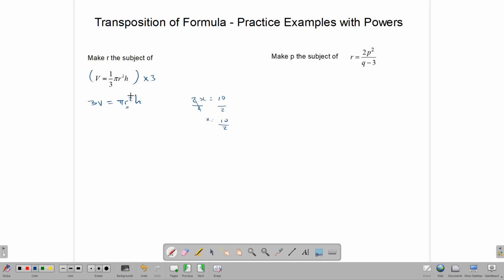We want r to be left alone on this side. So the logical thing to do would be to divide by pi h, since we don't want the pi h there. Dividing by pi h gives us 3V over pi h is equal to r squared.